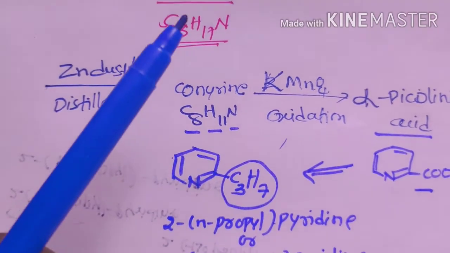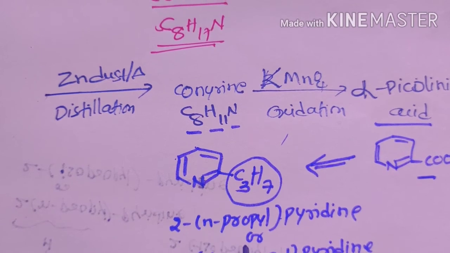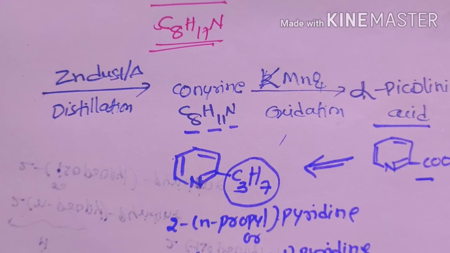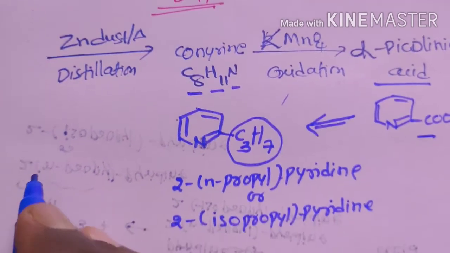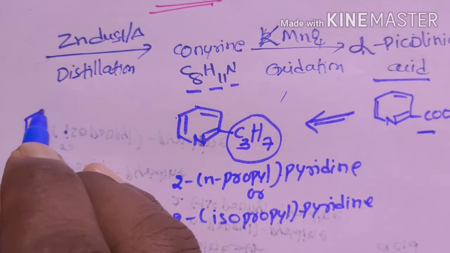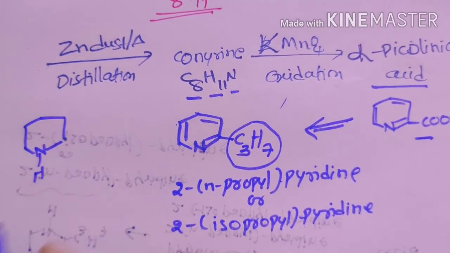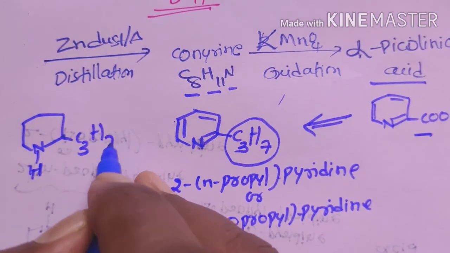So the saturated analog of the pyridine ring is nothing but piperidine. So in the coniine we have to write the piperidine ring with the side chain substituted at the second position. So here for the coniine we would write the structure like this, and we would write the C3H7 here.